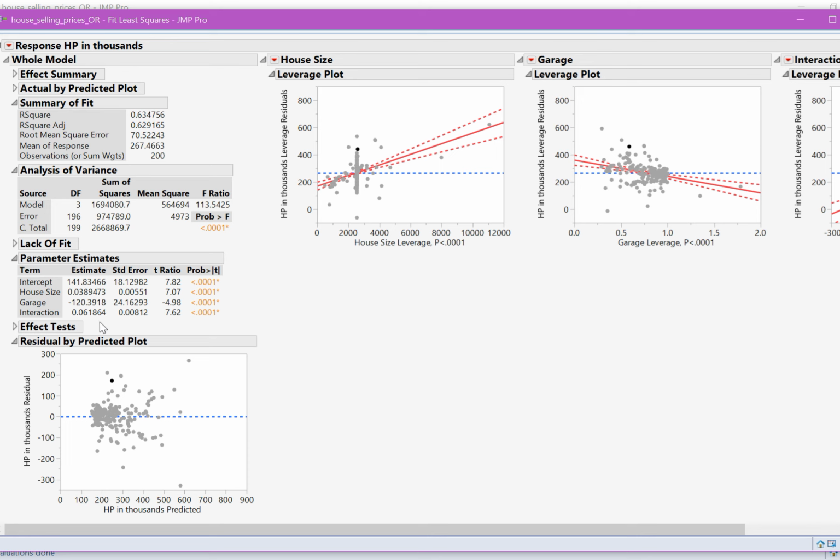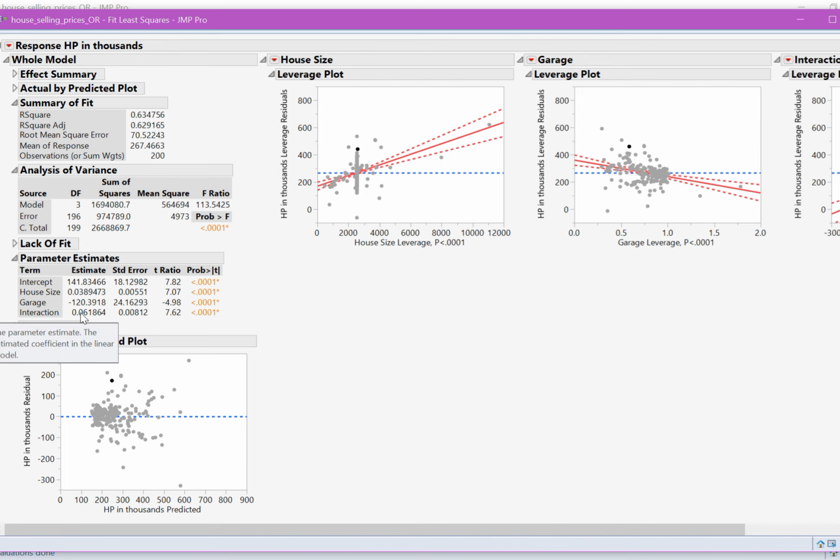All right, so what's mostly interesting now is testing this higher order effect, this interaction, where I'm looking at both house size and garage at the same time, that difference of slopes. This is saying, yes, I have sufficient evidence to indicate that the effect of house size on the sales price is not constant, that I have a steeper slope, because this is positive.